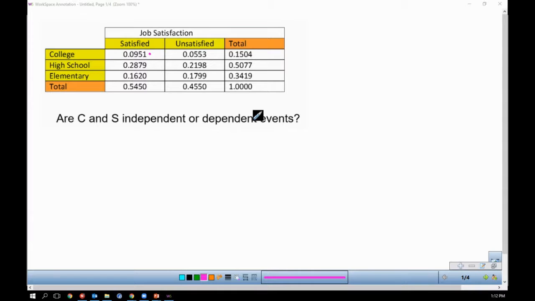Okay, so we need to look at first, what's the probability? I'm going to call this method 1, just so I have a title up here, because we're going to learn about method 2 a little bit later.